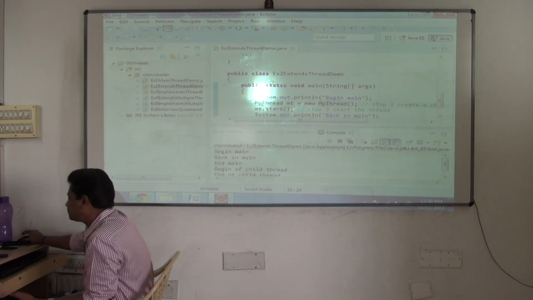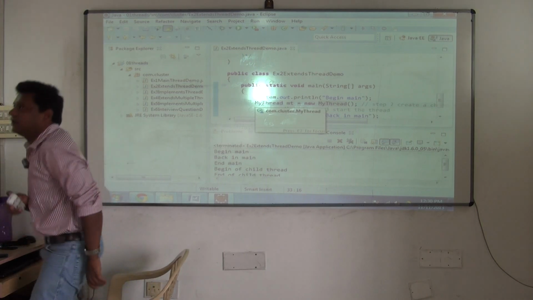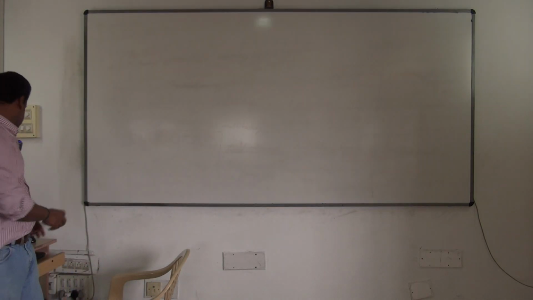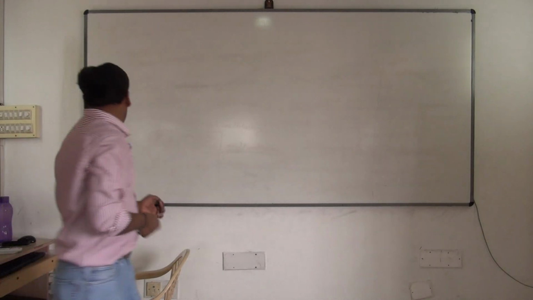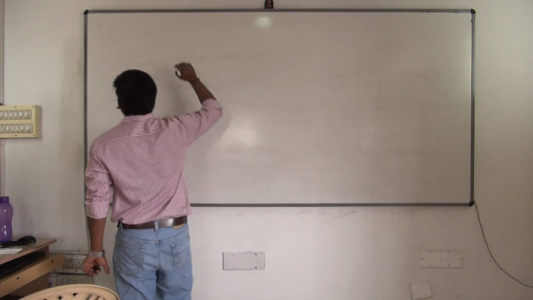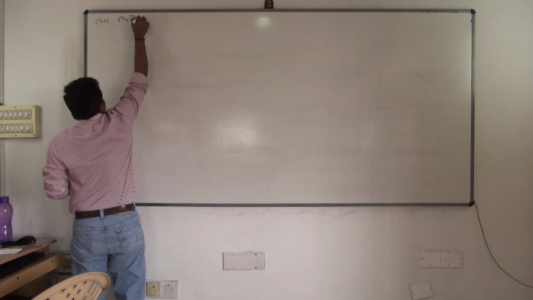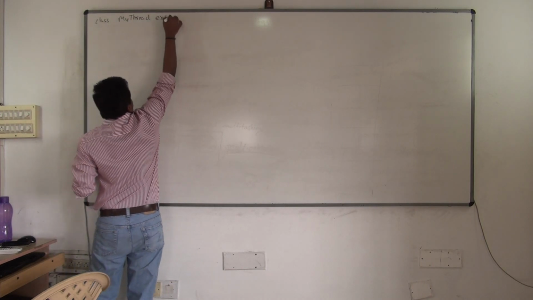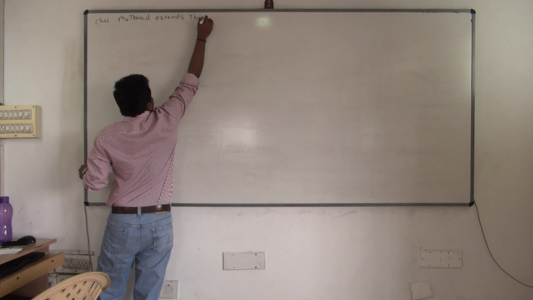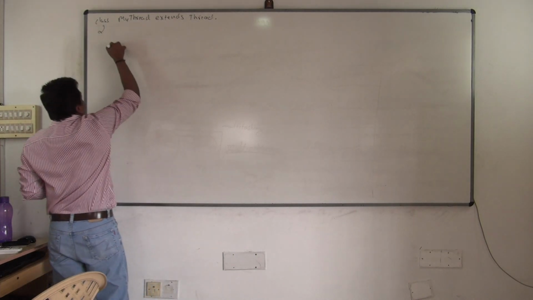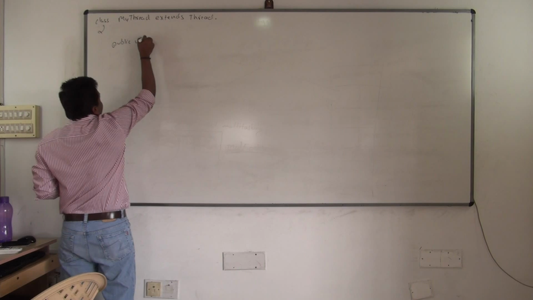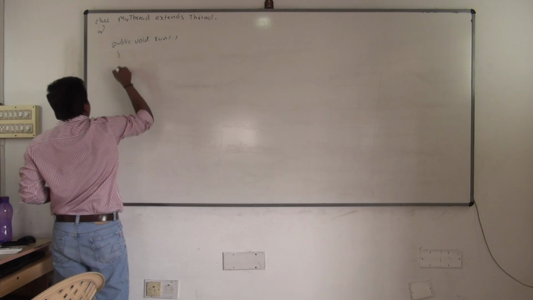Okay, now let us see the program and what is happening. After writing it, this is what you have done. Class MyThread extends Thread, public void run.